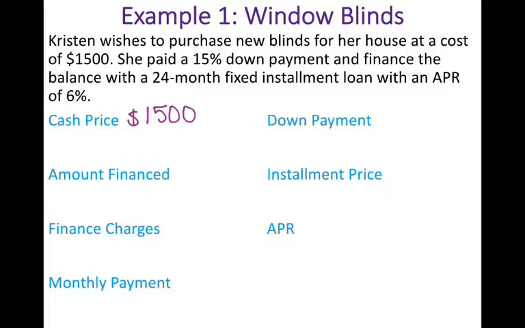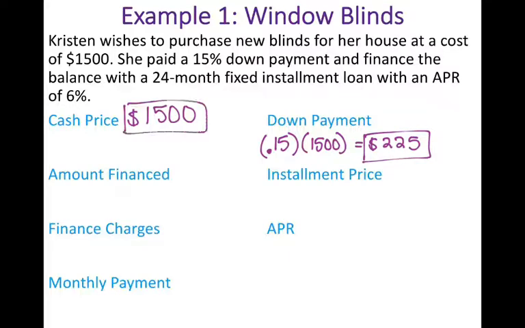That is going to be 15%, so 0.15 of the cash price, which is $1,500. I accidentally wrote 15,000. Let's get rid of a zero. There we go. So now I'm going to plug that in, so 0.15 times 1,500, and that gives us $225 for the down payment.